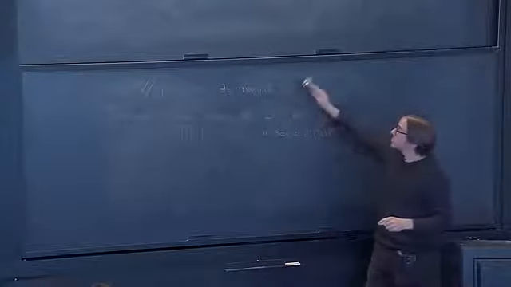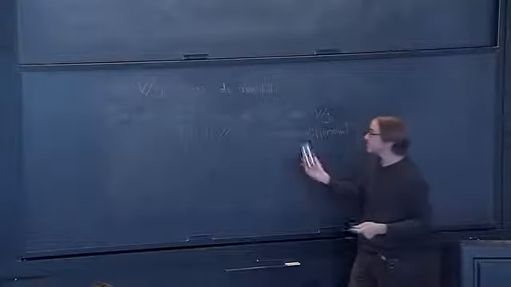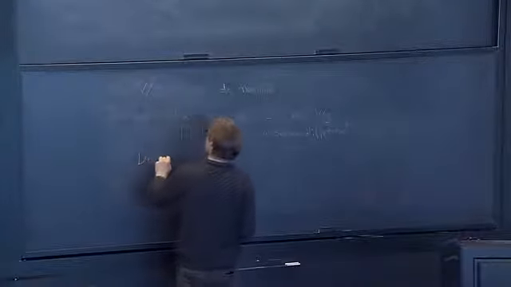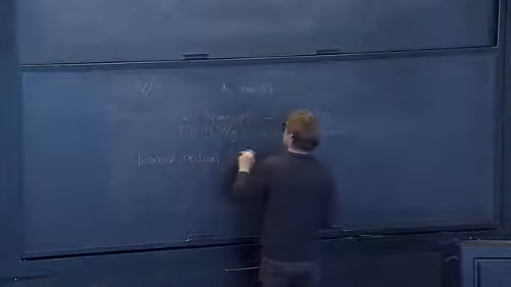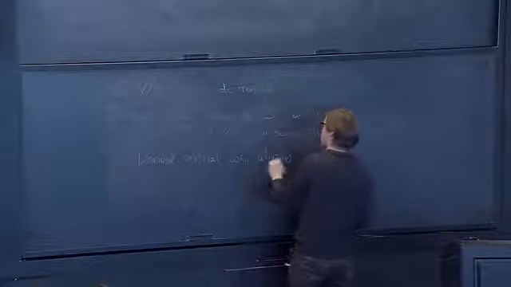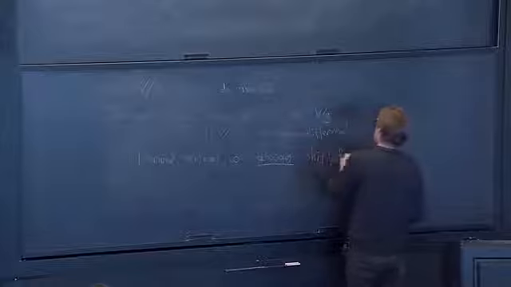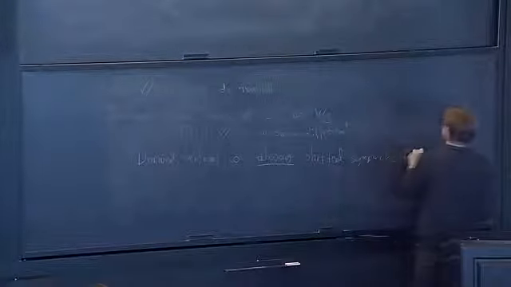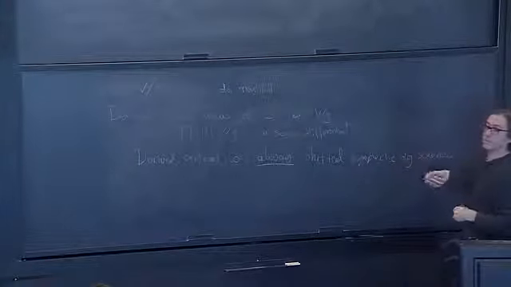So forming derived quotients and derived critical loci, these are all operations one can do in the world of DG manifolds or derived schemes. So the point is, these derived critical loci are always shifted Poisson, or indeed shifted symplectic DG schemes or DG manifolds.